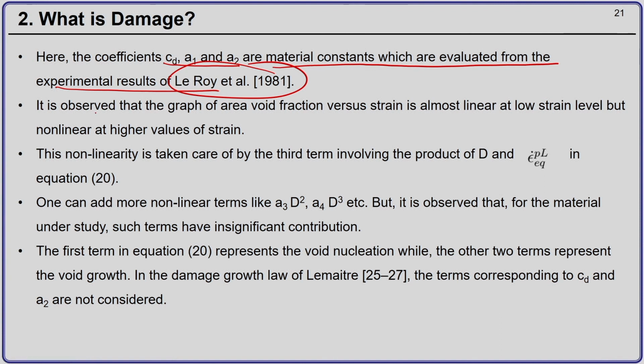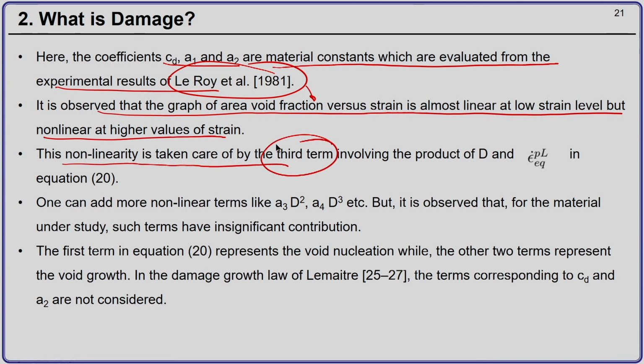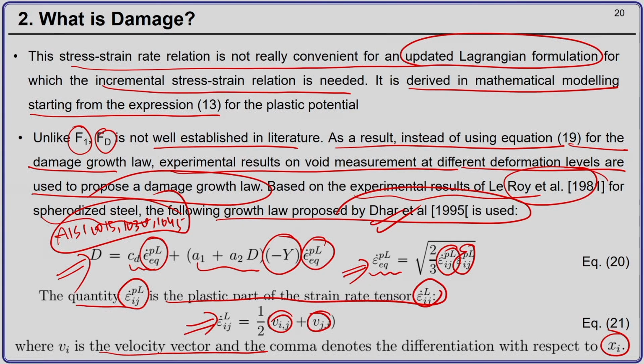and this we will discuss in the coming lectures. It is observed that the graph of area void fraction versus strain is almost linear at low strain level, but it is nonlinear at the higher values of strain. So, this is the observation in Leroy's result. Therefore, to incorporate this nonlinearity, we take the third term involving the product of D with the rate of equivalent plastic strain.